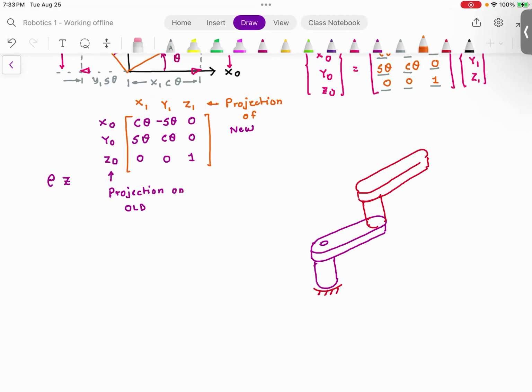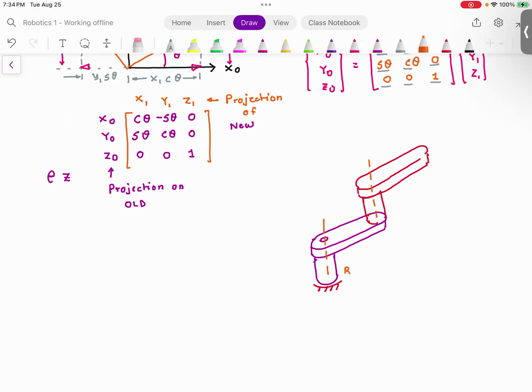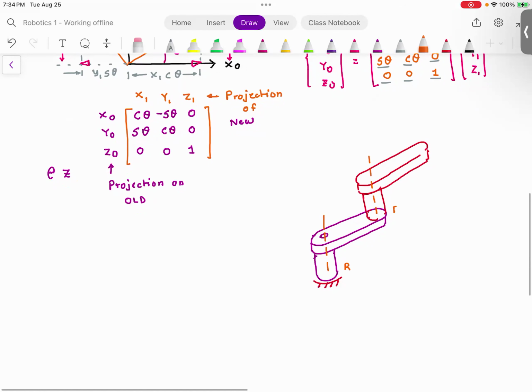This robot has two revolute joints. This is the first revolute joint and this is the second revolute joint. This is the end effector of the robot.